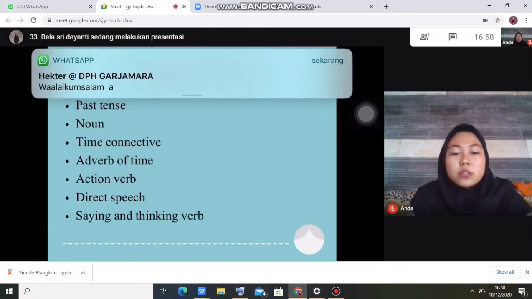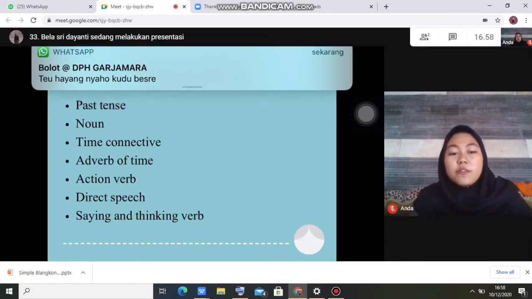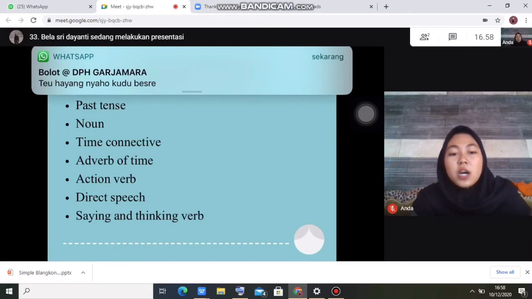The next one is noun. In general, nouns are used for an animal, person, or object in a story. For example, stepmother, stepsister, and so on.